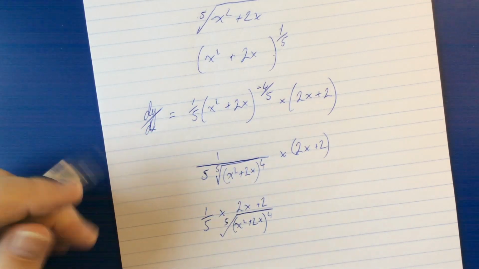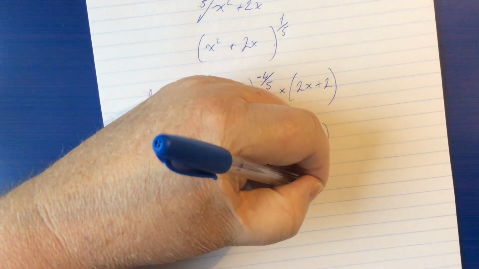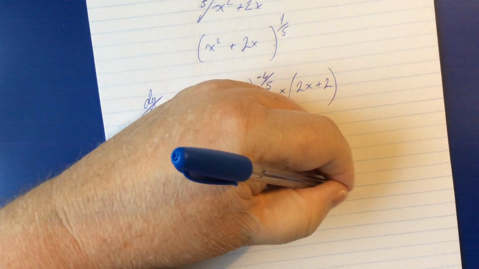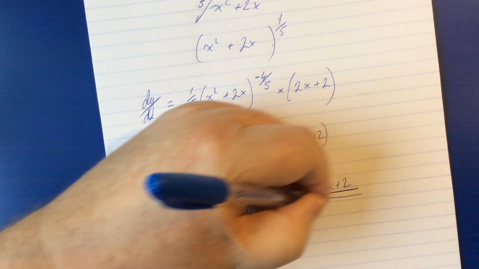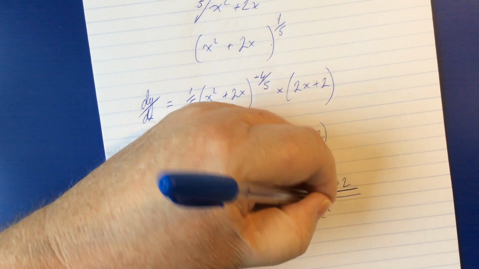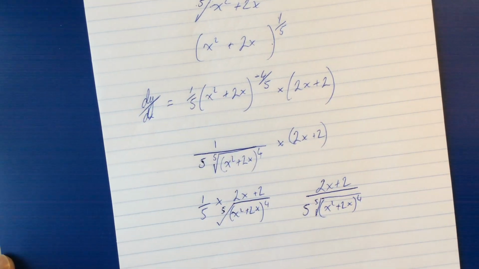We can probably tidy that up a little more: 2x plus 2, all over 5 times the fifth root of x squared plus 2x to the power of 4.